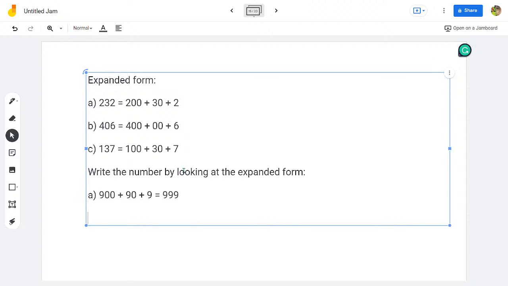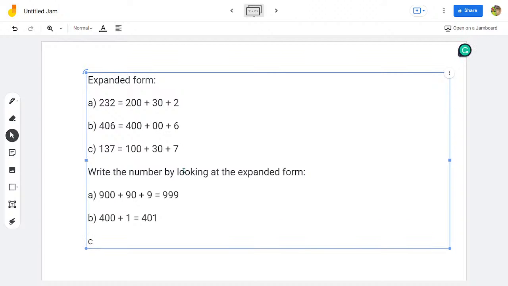Let's say we have another number 400 add 1. That would be written as 401.